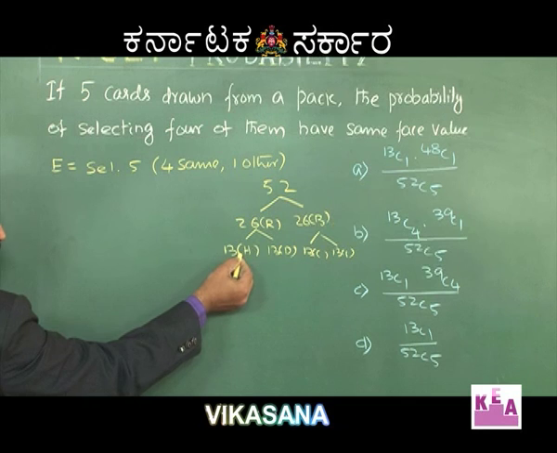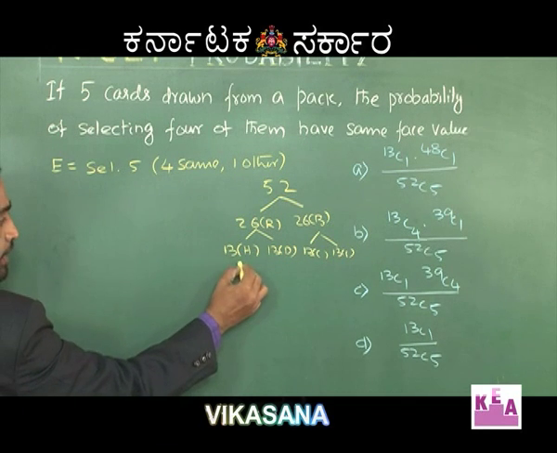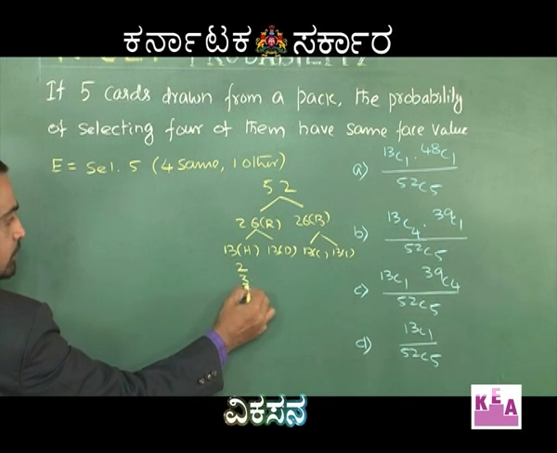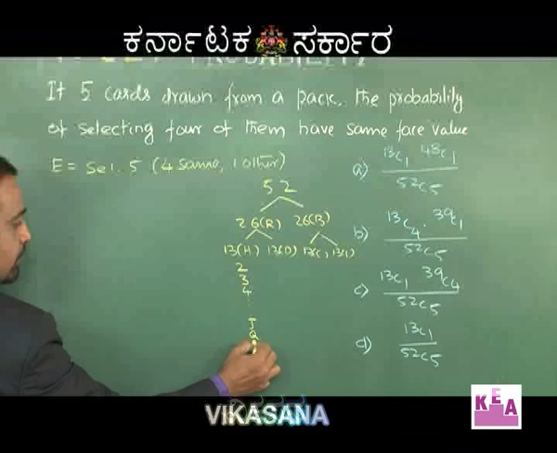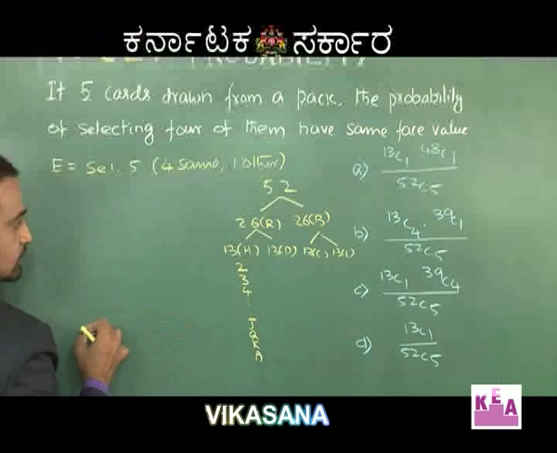Here all these 13 hearts will be numbered cards 2, 3, 4, and so on up to Jack, Queen, King, Ace.